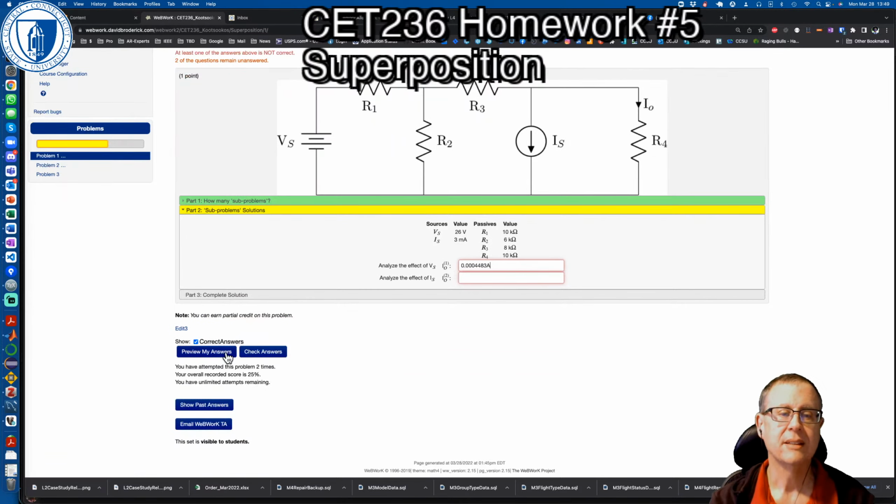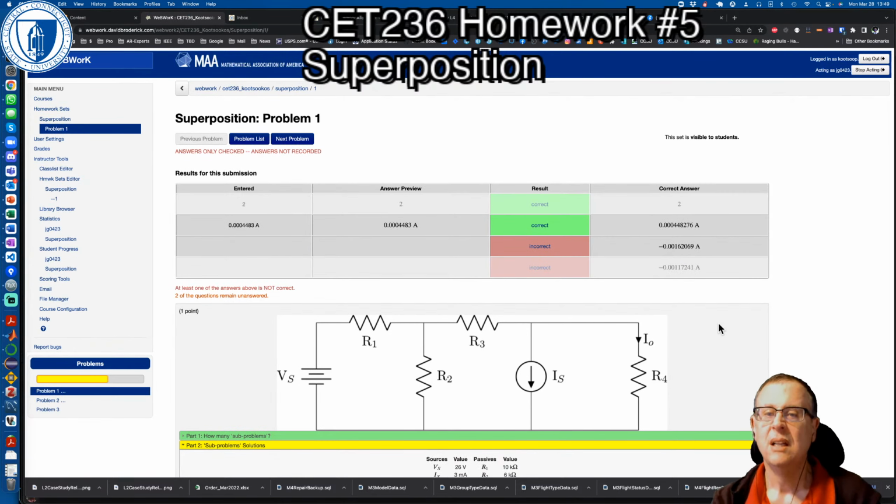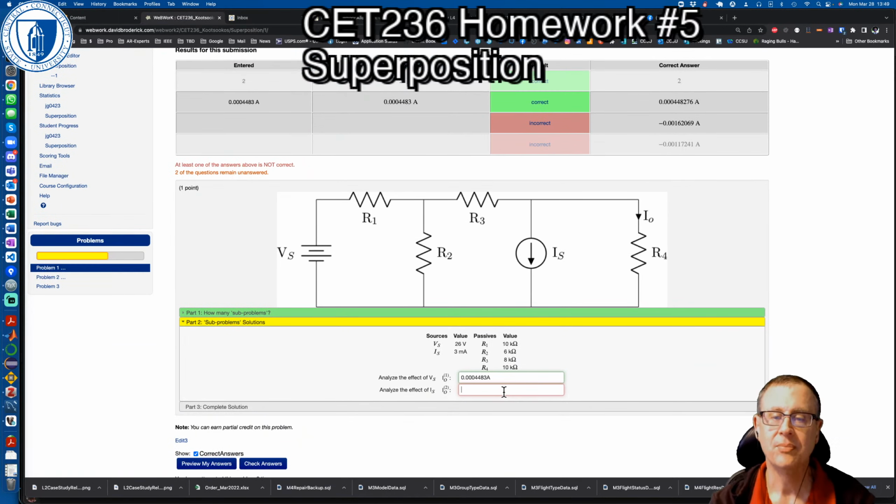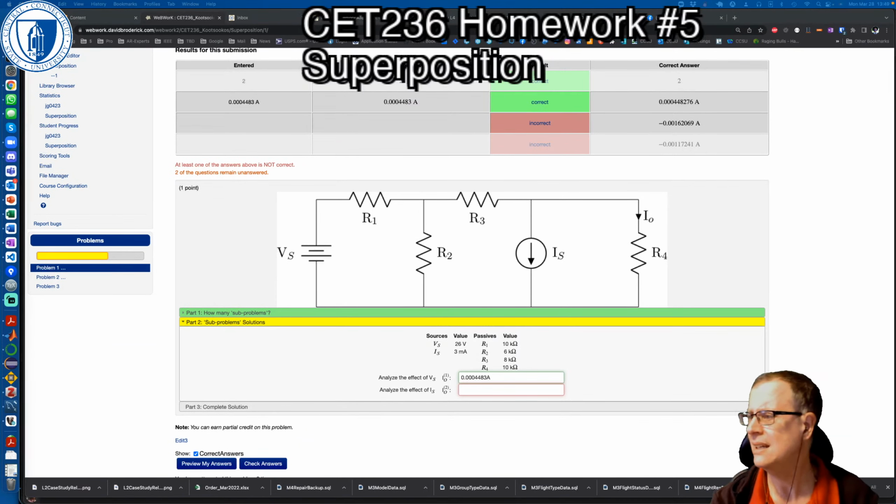Now let's see if that gets the right number. Okay, we got the right number there. Now we've got to figure out how to get the other one. So let's go do that.